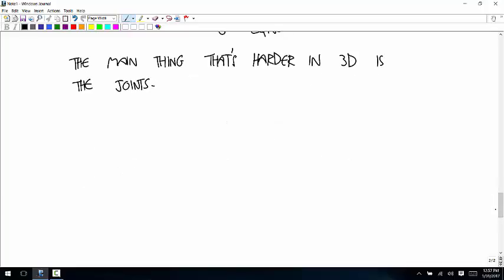Okay, so first let me do a 3D rigid body problem without joints, just like we did in 2D. We did a problem where I just gave all the loads and we solved for them. And then from there, I'll define some of the 3D joints you'll see, and we'll talk about full statics problems. All right, so here's an example where we don't have to deal with the joints. Let's say there's a rectangular solid.